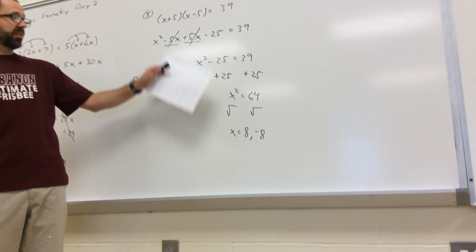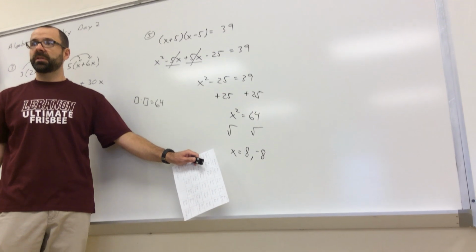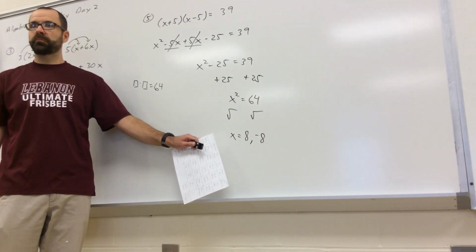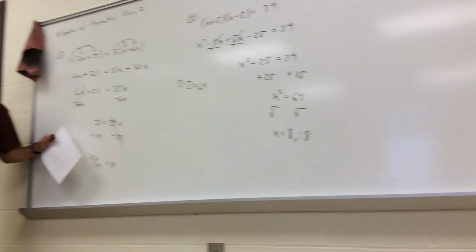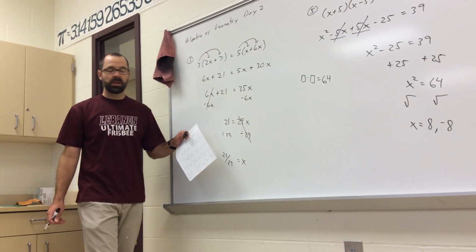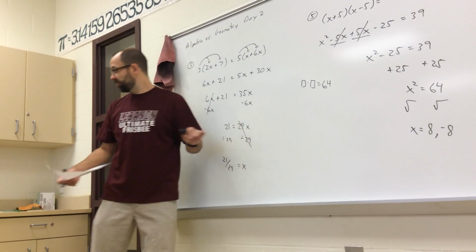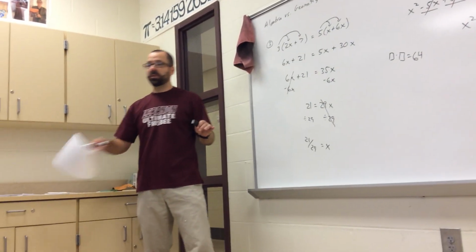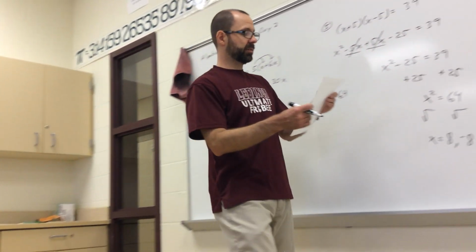Okay, everybody okay with all the steps on number 5? Everybody was okay with number 3 too, as well? All right, so I'm going to have you do 2 problems on your own, number 1 and number 2. So here they are.